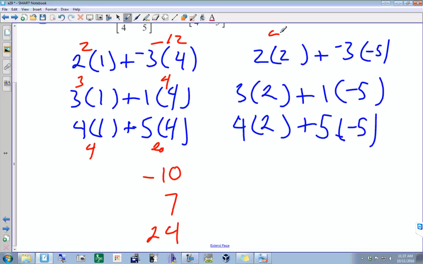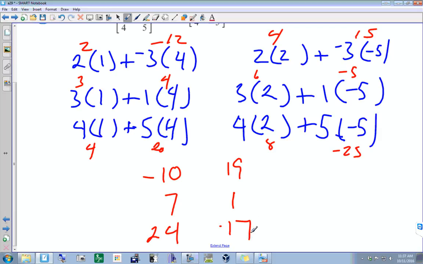Over here, 4, 15, add them up, 19. Here, 6, negative 5, 1. 8, negative 25, negative 17.